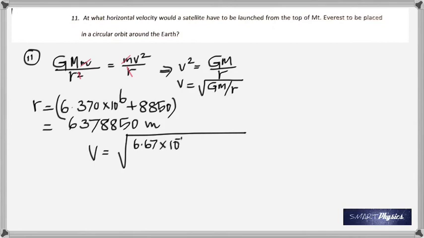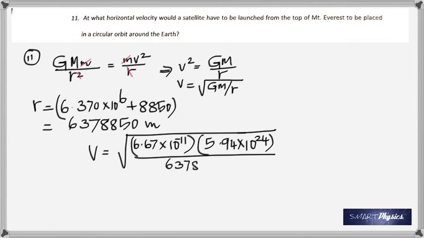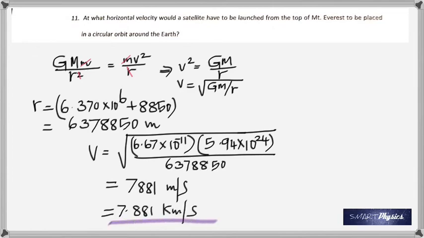That's the gravitational constant times the mass of the Earth, divided by the radius, and that gives you 7881 meters per second, which is 7.881 kilometers per second.